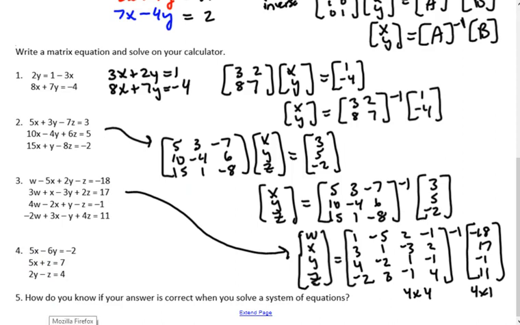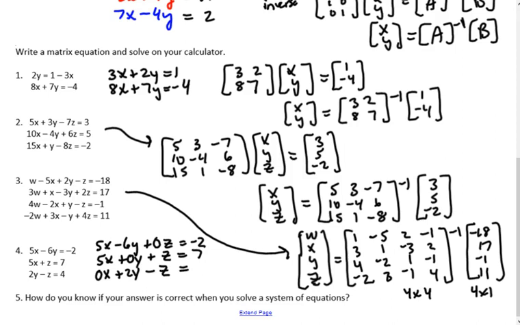So what I want to do is set this up as 5x minus 6y plus 0z equals negative 2. 5x plus 0y plus z equals 7, and 0x plus 2y minus z equals 4. So when you set your matrix up, it's a 3 by 3 matrix with the numbers 5, negative 6, 0, 5, 0, 1, and 0, 2, negative 1 in your matrix.